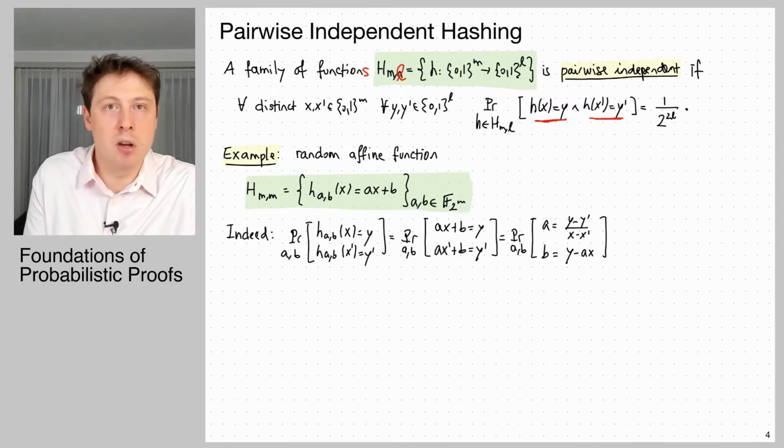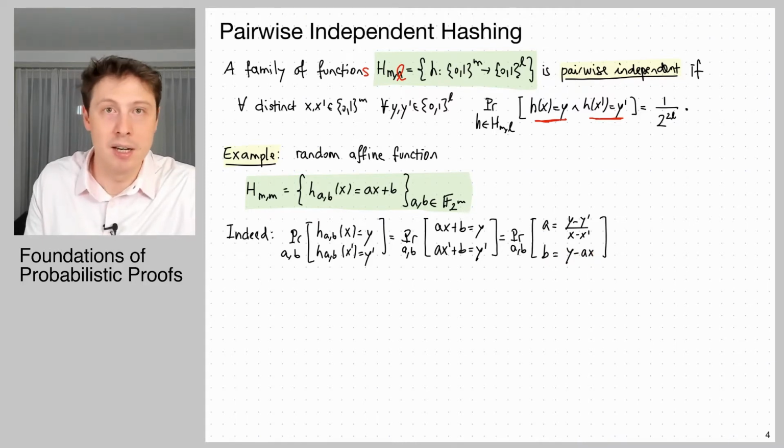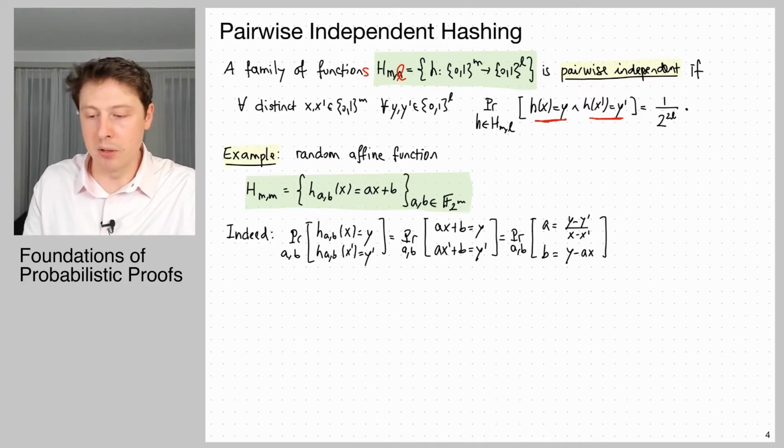Well, that is 1 over 2 to the m, right? This is just a fixed element. Now, for any choice of a, b's target is also just some element, and what is the probability that b equals that thing? Again, an independent 1 over 2 to the m probability. So these two things multiply and we get 1 over 2 to the 2m.